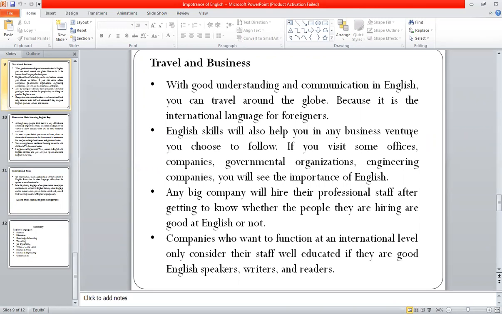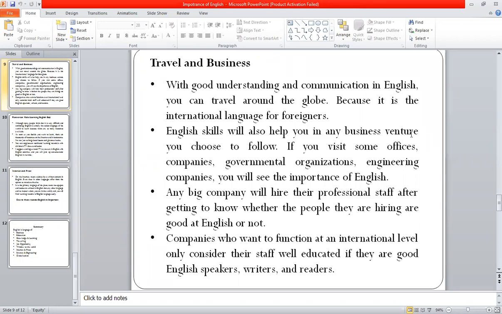If you want to be a part of these companies, speaking English well is a requirement. So this is also one of the important points.